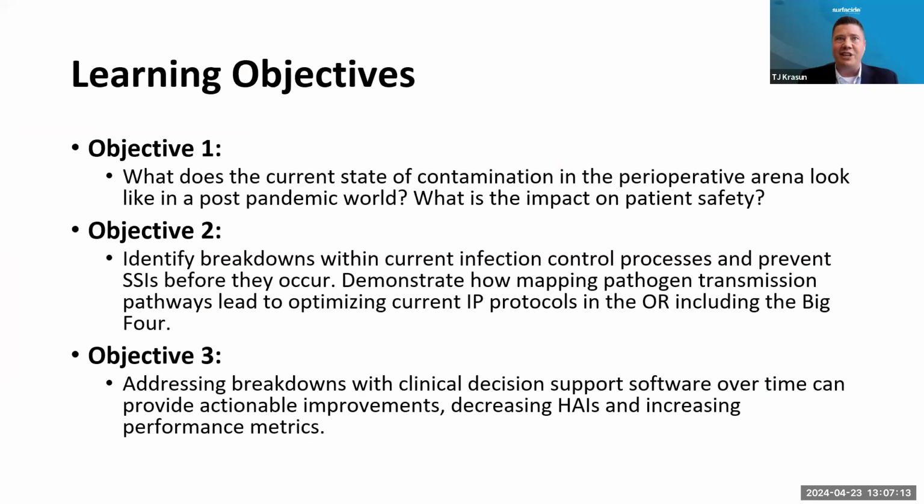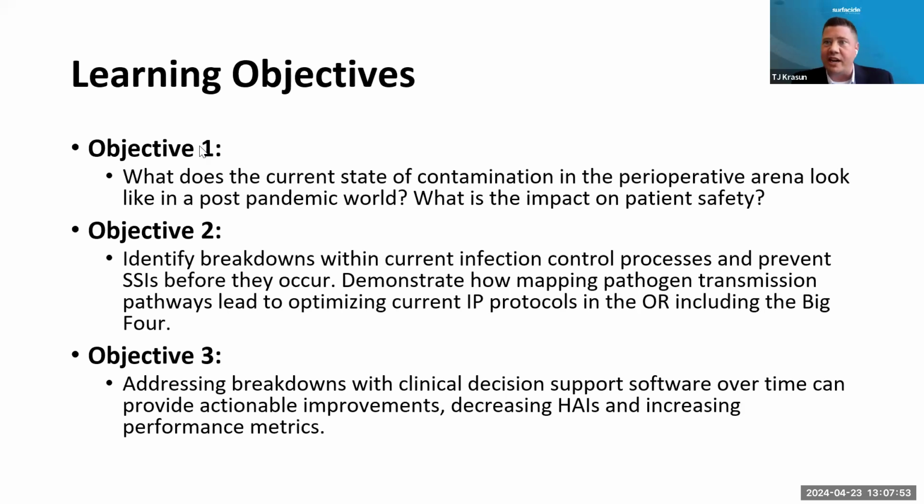So today we'll be touching a little bit on what the current state of contamination and SSIs look like in the perioperative arena and the impact, of course, on patients and patient safety. We'll be identifying breakdowns within current infection control practices and using that information to prevent SSIs before they occur. So really, we'll be demonstrating how mapping pathogen transmission pathways in the OR can lead to optimizing current infection control practices, including the big four, specifically hand hygiene, patient decolonization, vascular care, and environmental cleaning.